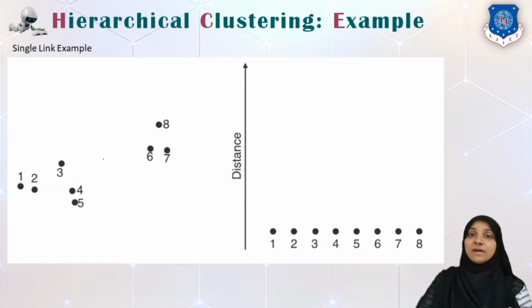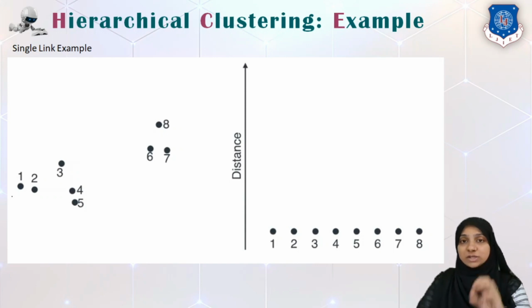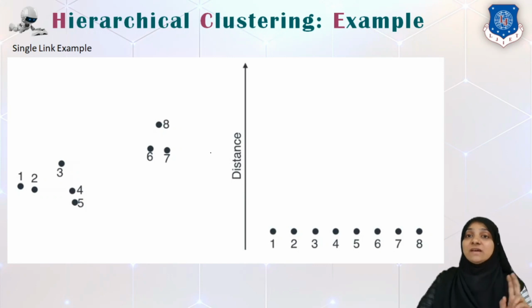Now let us apply the algorithm using single linkage. It starts with individual elements, each actually a cluster itself. Over the x-axis there are the data points, and over the y-axis there is the distance, I would say the single or minimum distance between any two clusters.